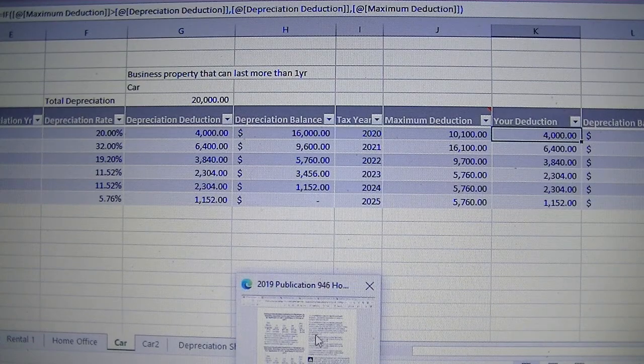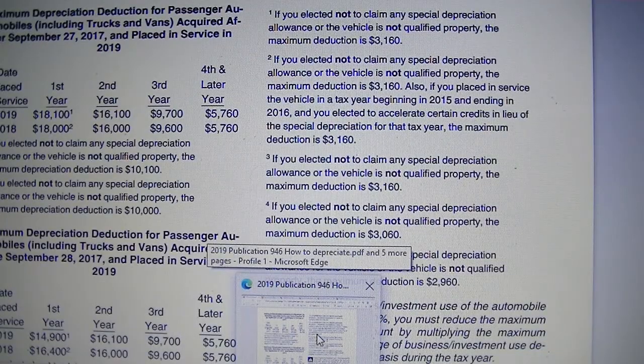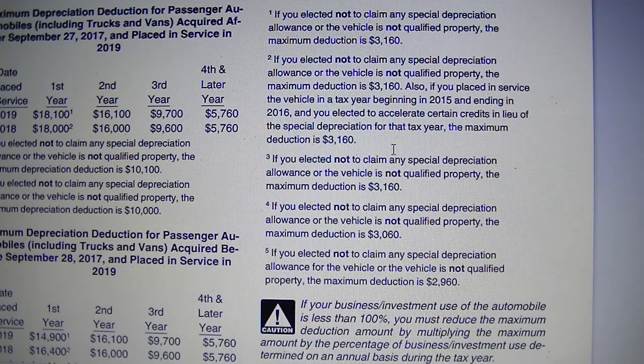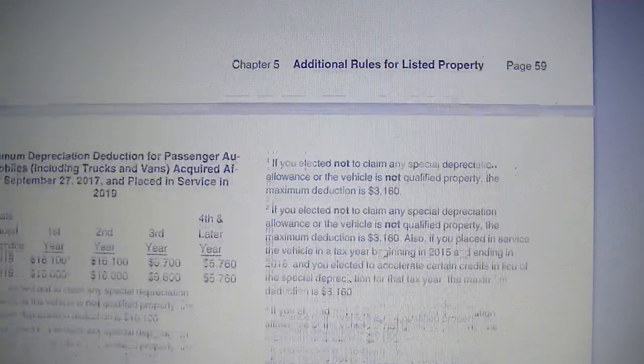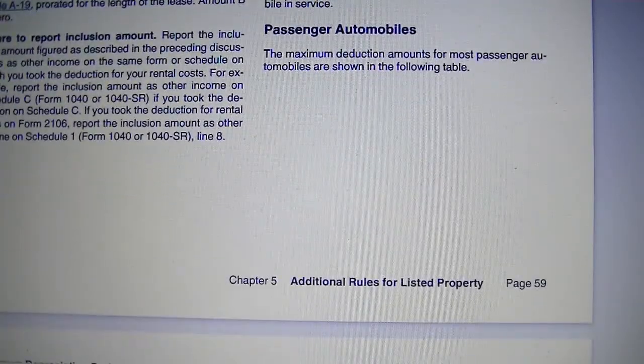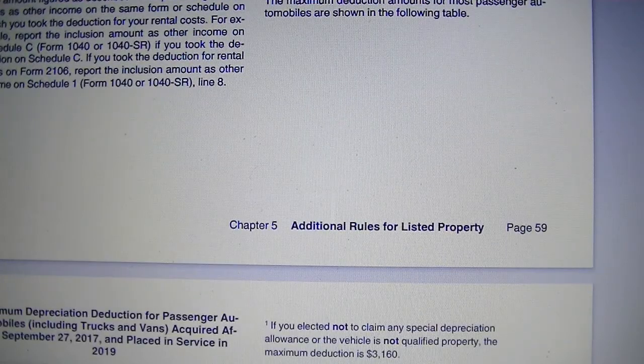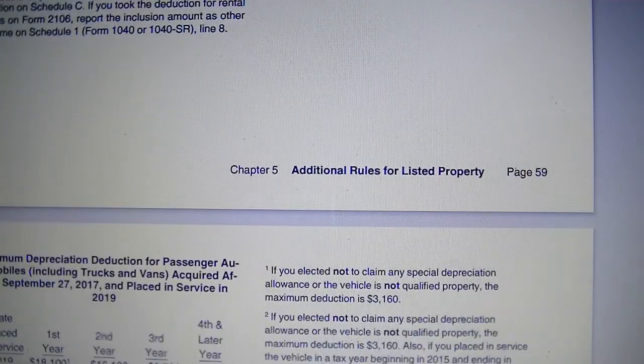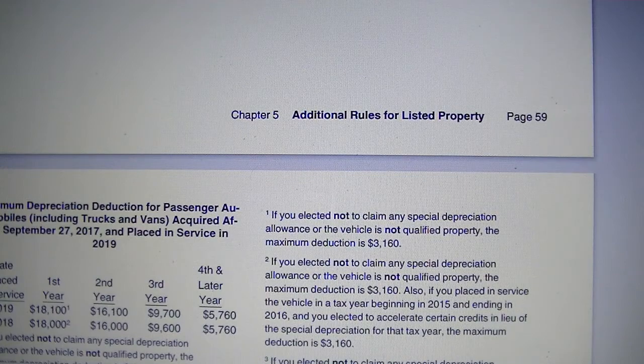And I'm going to continue by saying, but that's my personal opinion, because you are using it at 100%. A car is a listed property. It is a listed property. That means you can use it for personal and business.